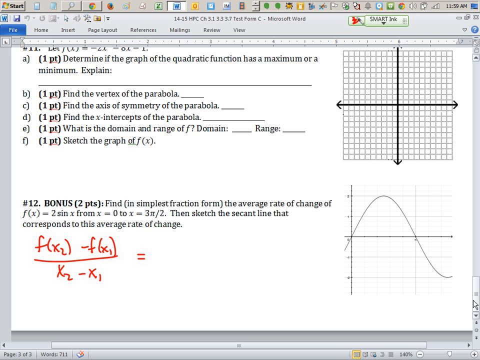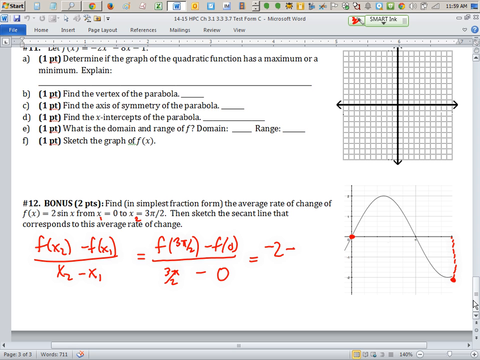Now you don't have the function, but you have the picture of the function. That's the next best thing. The x1 is clearly 0. The x2 is clearly 3 pi over 2. So we're trying to do f of 3 pi over 2 minus f of 0 all over 3 pi over 2 minus 0. That's what we're trying to find. F of 3 pi over 2 would be evidently negative 2.